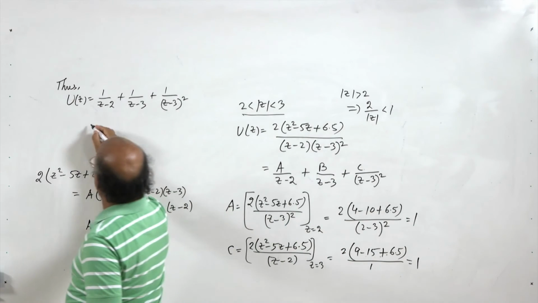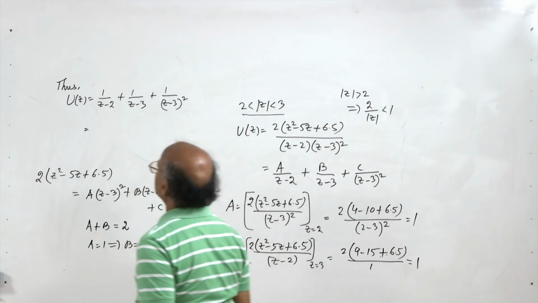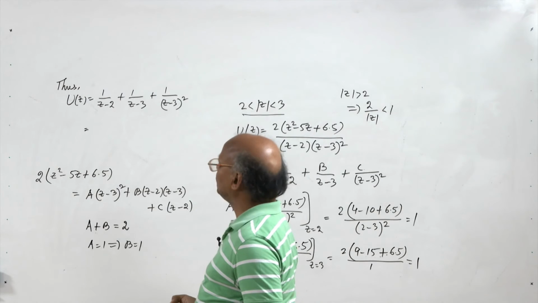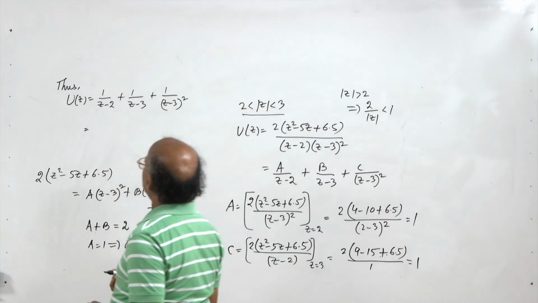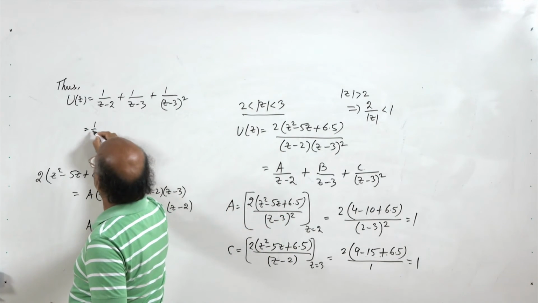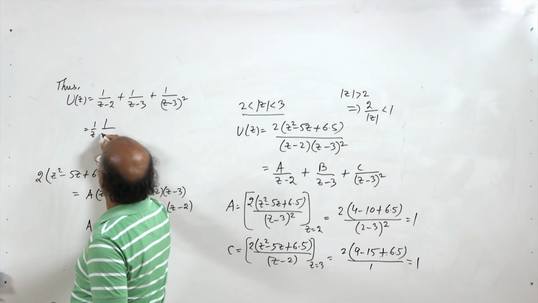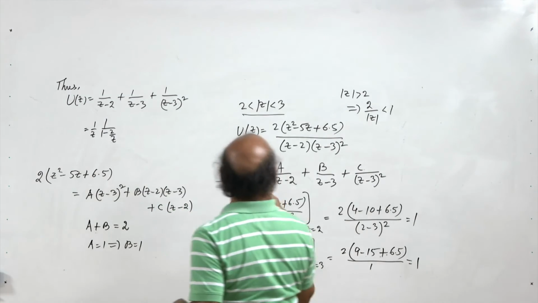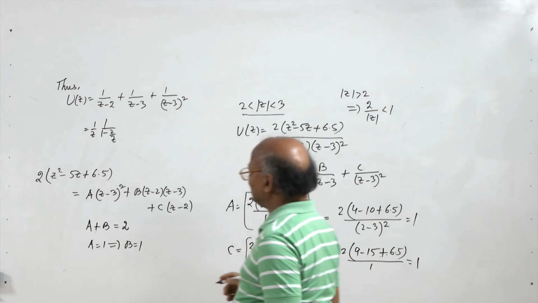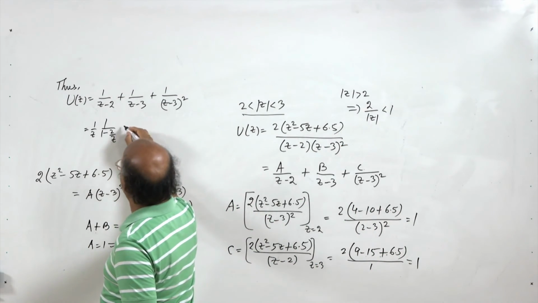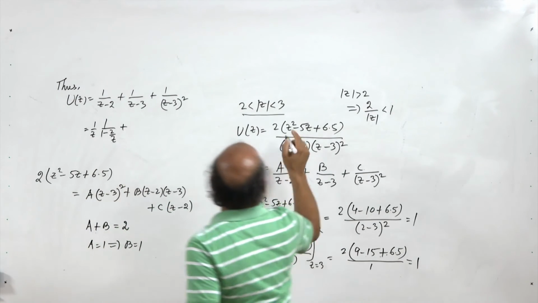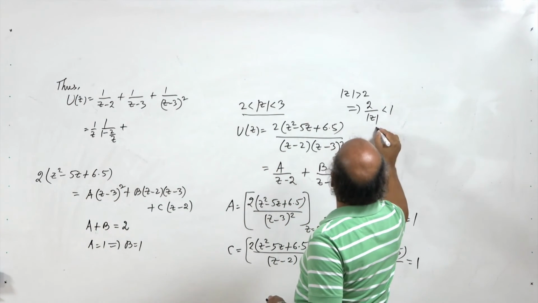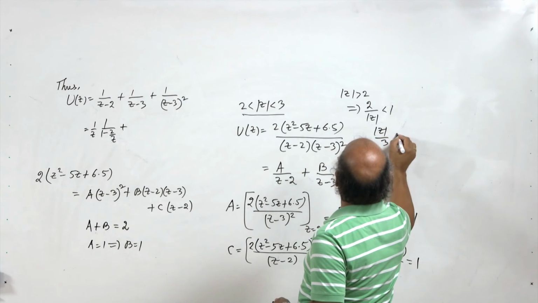So, what we will do here to expand 1/(z − 2) by using the binomial theorem, I can write as (1/z)·1/(1 − 2/z), and |2/z| is less than 1, so we can expand it by the binomial theorem. And here |z| is less than 3, so |z/3| is less than 1.